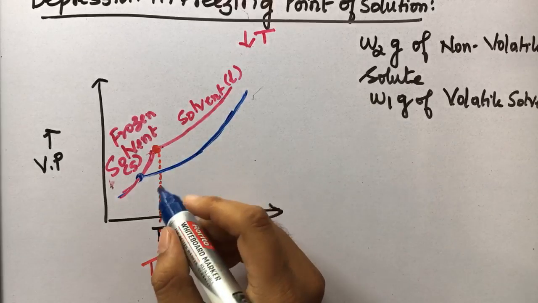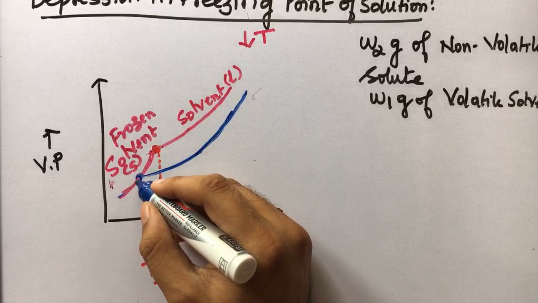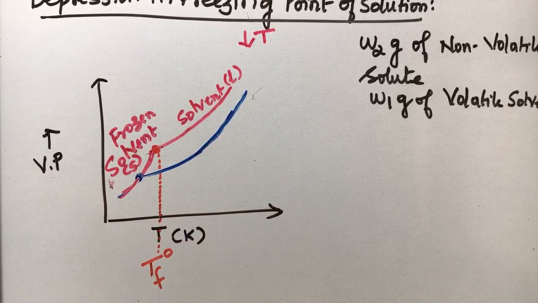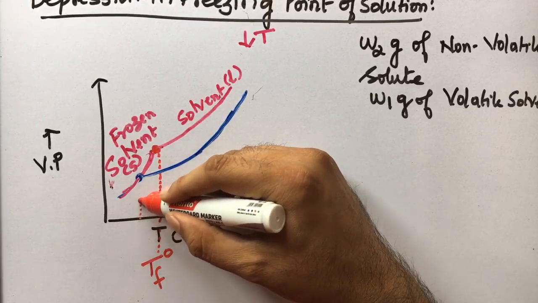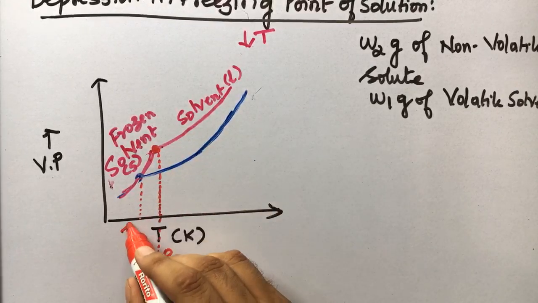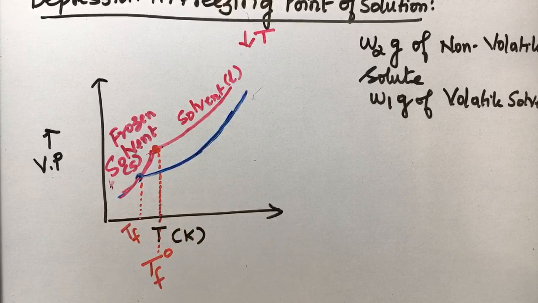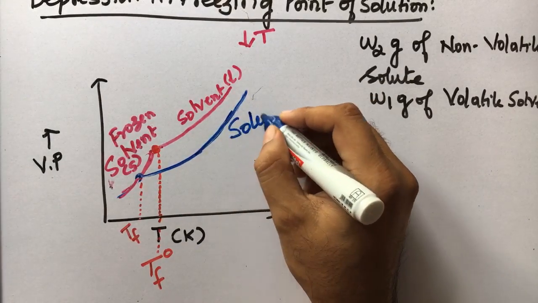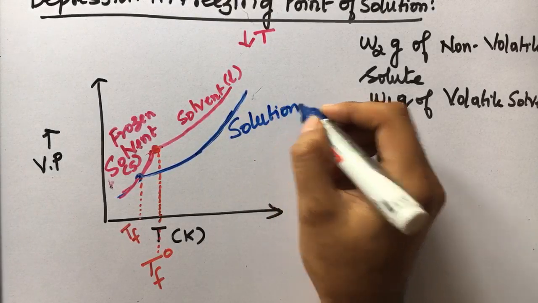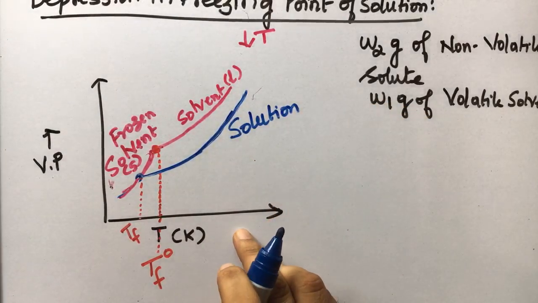Now this particular point where it has been frozen, this particular temperature we can call TF. Now tell me, students, what has happened to the freezing point of the solution? This blue line is for the solution, the variation of vapor pressure of the solution with respect to temperature.